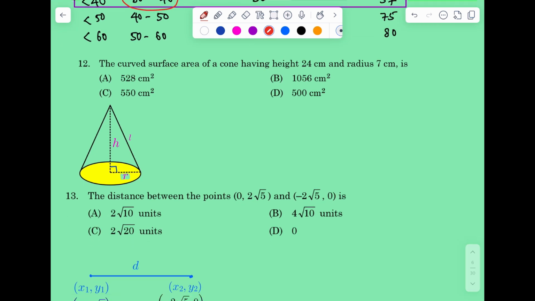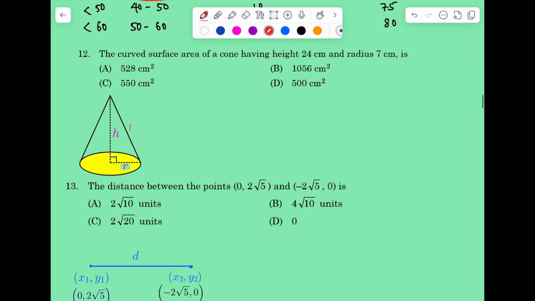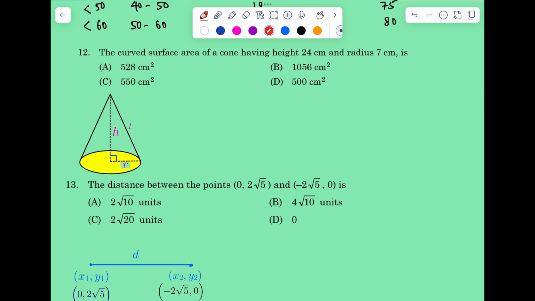Next, number 12. The curved surface area of the cone of height 24 cm and radius 7 cm. We know that the curved surface area of a cone is equal to pi r L, where L is the slant height.